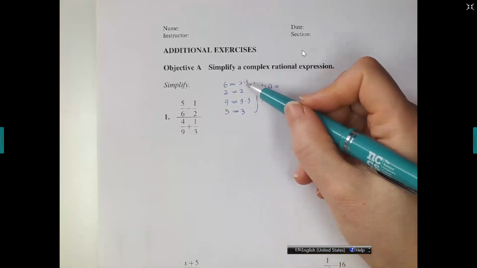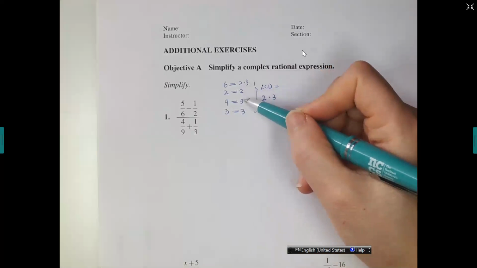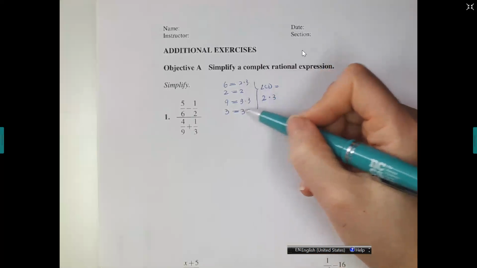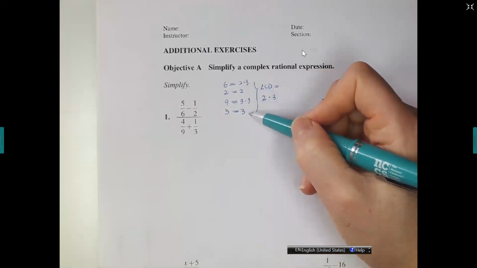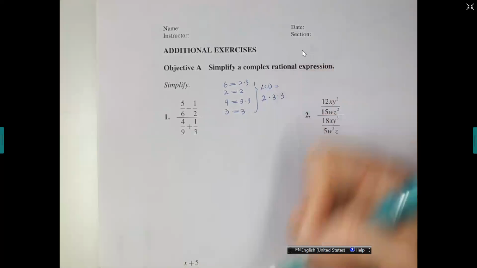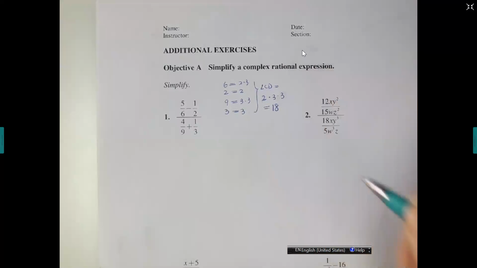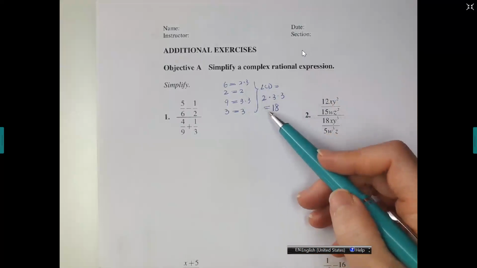How many 3's show up here? 1, 0, 2, 1. What is the largest number? 2. So then 3 should appear twice. Multiply them out, I get 18. So 18 is their LCD, or the least common multiple.